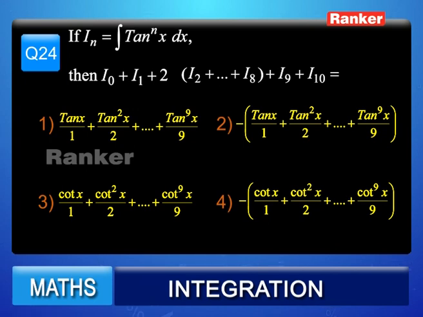Second option minus of tan x by 1 plus tan square x by 2 plus so on up to tan x power 9 by 9. Third option cot x by 1 plus cot square x by 2 plus so on cot x power 9 by 9. Fourth option minus of cot x by 1 plus cot square x by 2 so on up to cot x power 9 by 9.